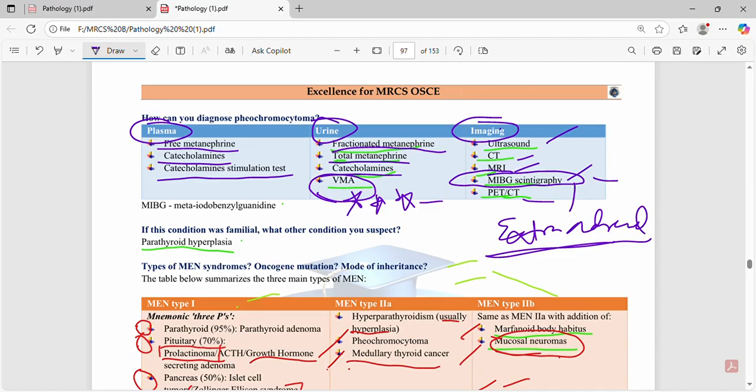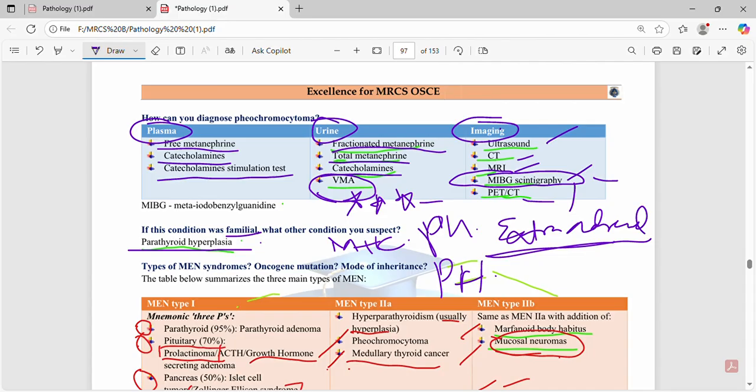We use MIBG, meta-iodobenzylguanidine scan. If the condition was familial, what other condition do you suspect? Parathyroid hyperplasia. We have already diagnosed medullary thyroid carcinoma in the scenario. With hypertension, it is pheochromocytoma, and if it's a familial condition like MEN, she will have parathyroid hyperplasia as well, because this is the triad: parathyroid hyperplasia, pheochromocytoma, and medullary thyroid carcinoma.